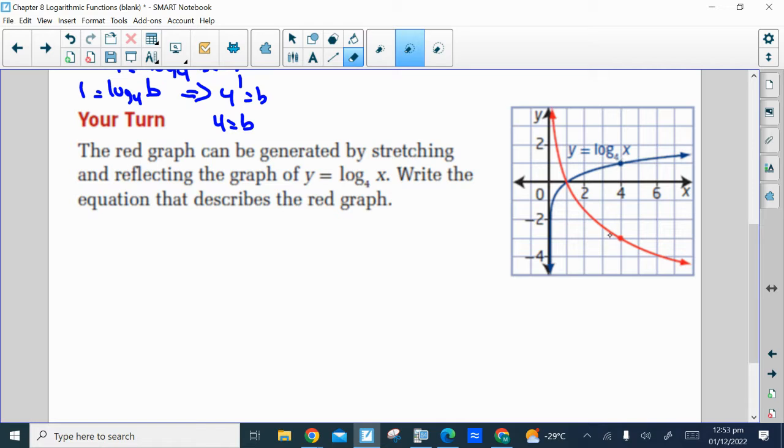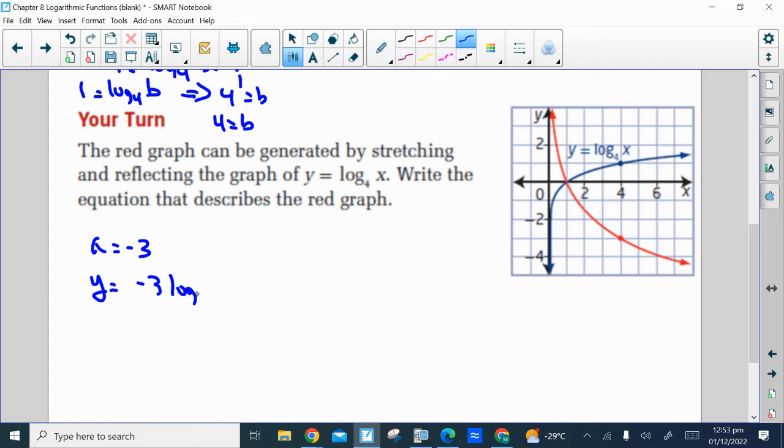Down here, we're 3 units below. So this should work if we reflect it over the x-axis and do a vertical stretch by 3. And we can do all those simultaneously by saying that a is negative 3. That'll cause a vertical stretch as well as reflect. So that would mean that my new equation would be y equals negative 3 log base 4 of x.